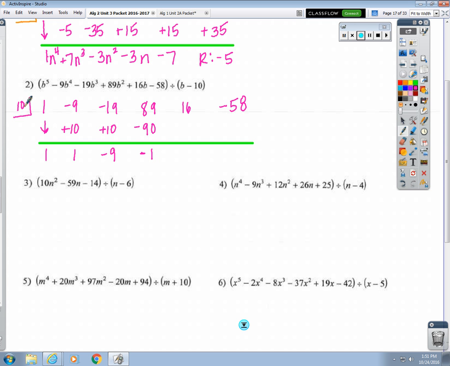Negative 1 multiplies by 10, and then it multiplies by the 10 to make a positive 60, and those combine to make a remainder of 2. The last number is always a remainder. Since it started out b to the 5th, you start your answer b to the 4th, then plus 1b cubed minus 9b squared minus 1b plus 6.